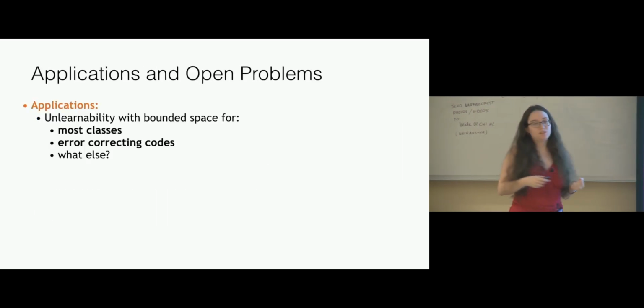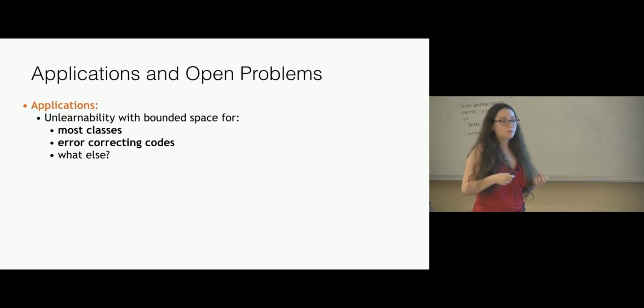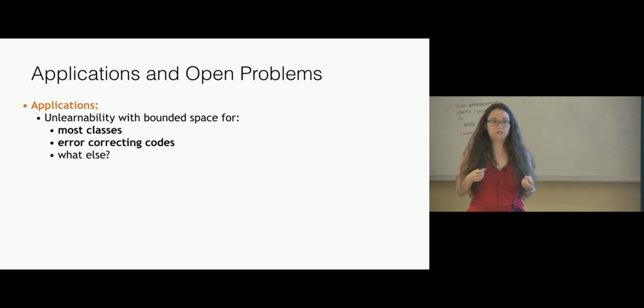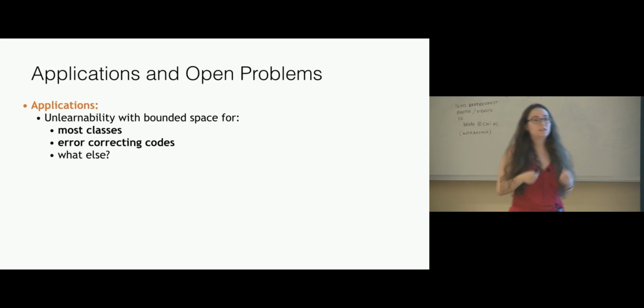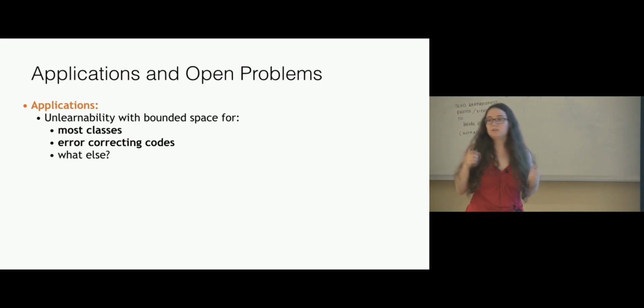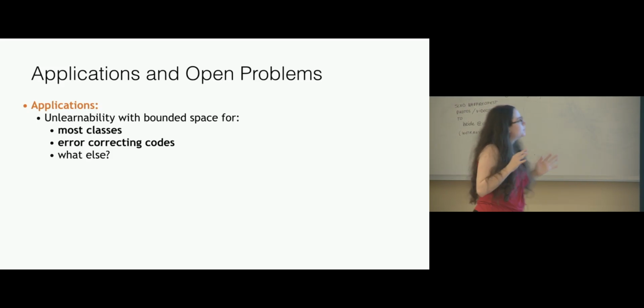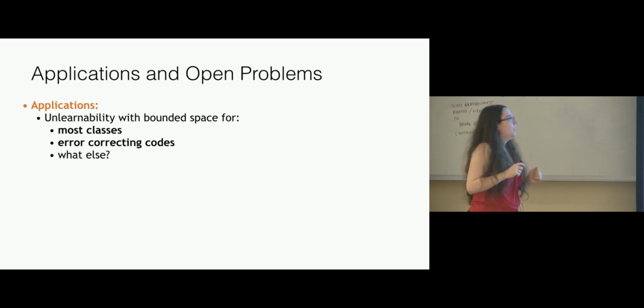So, applications and open problems. Since we said that most classes are mixing, this immediately implies that most classes cannot be learned with bounded memory, which was quite surprising for me at least.